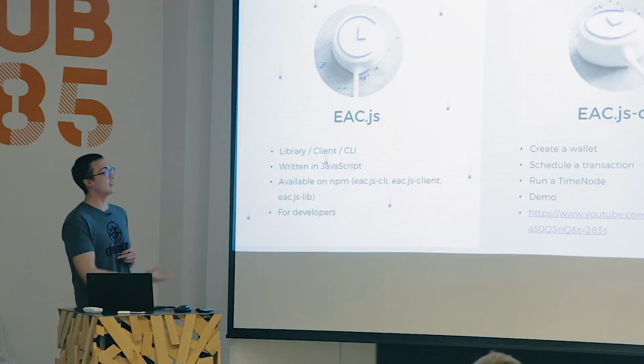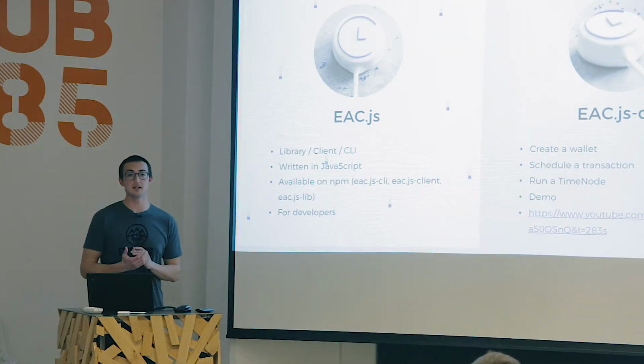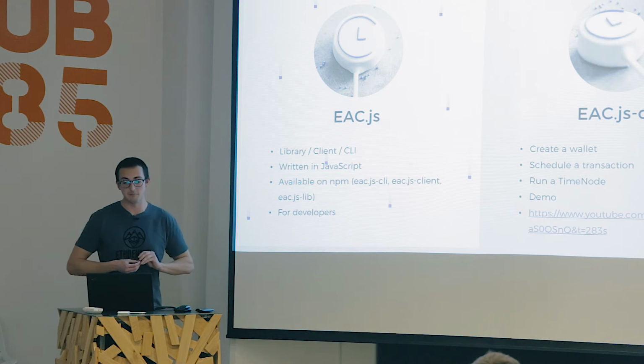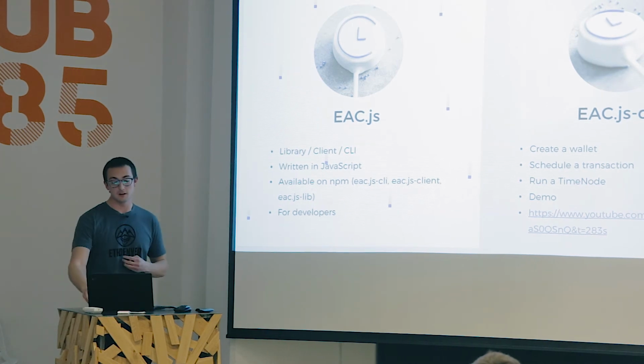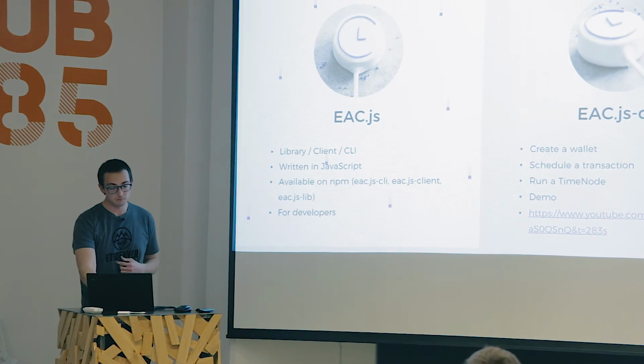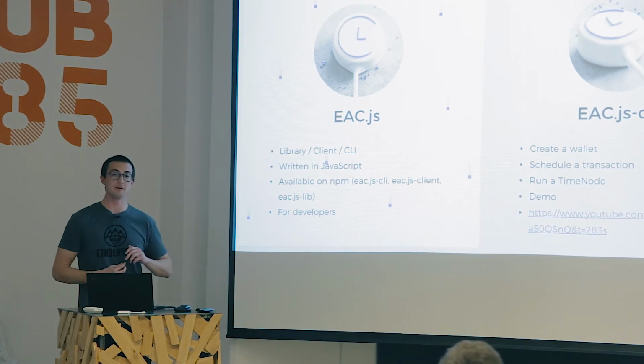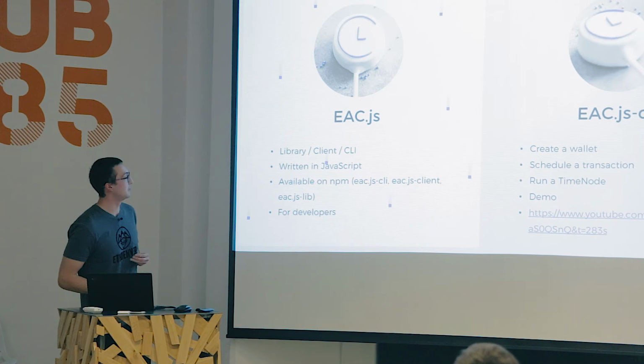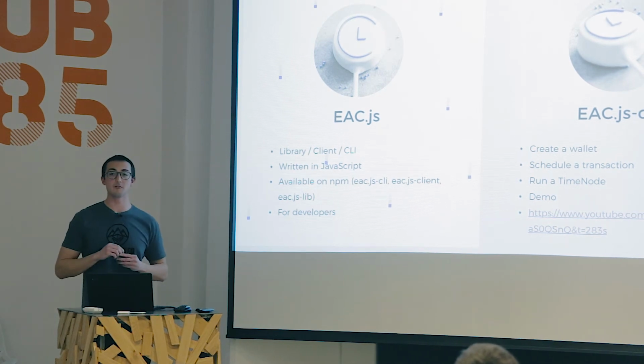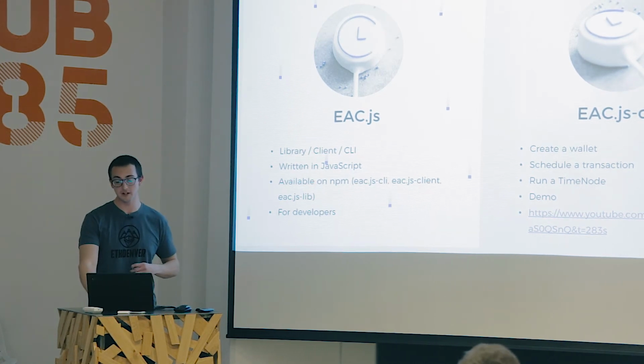And then we have the CLI, which is the command line interface for running a time node or scheduling a transaction. These are available on NPM. If you want to see the source, they're on the Ethereum Alarm Clock GitHub repository.